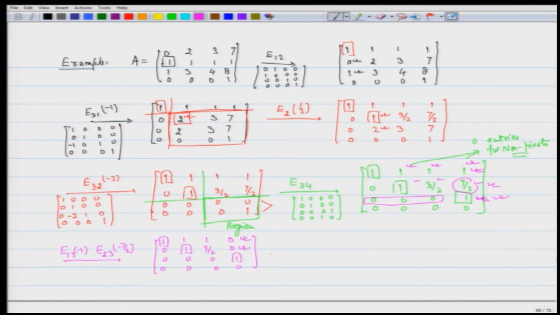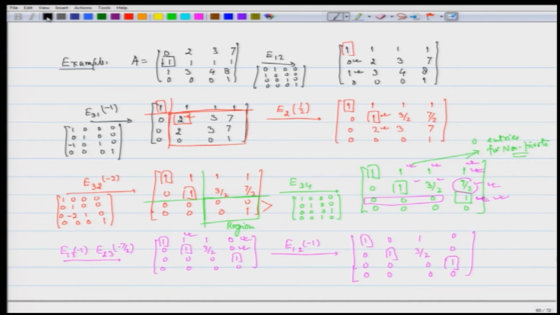At this stage, I want to make this entry 0. So, the first row is changed using the second one with a minus sign, and I get 1 0 1 0, 0 1 3 by 2 0, 0 0 0 1, 0 0 0 0, and these are the pivots that I have.